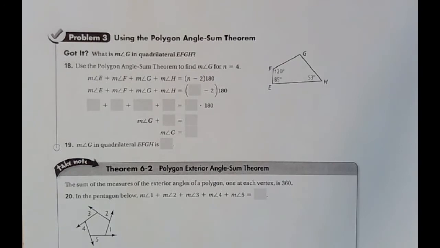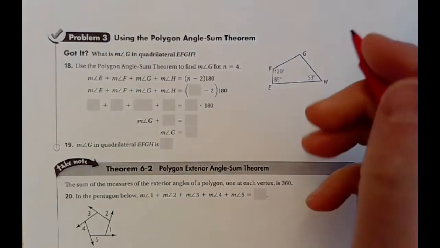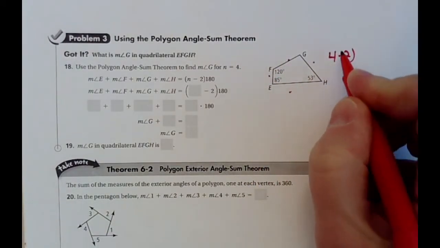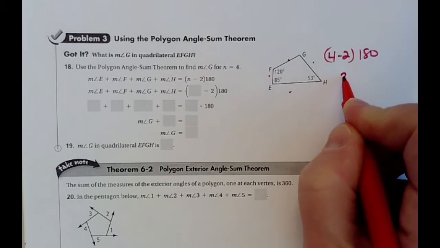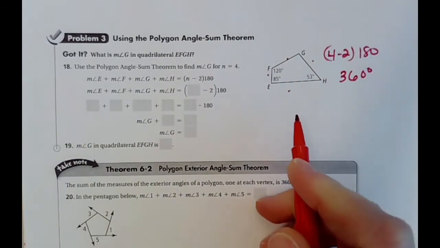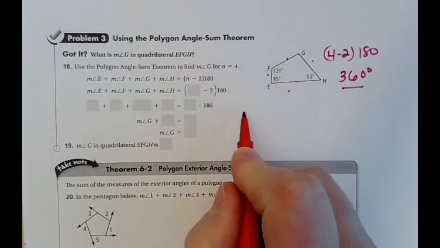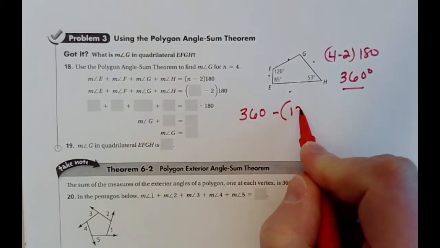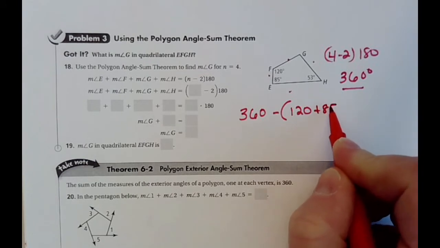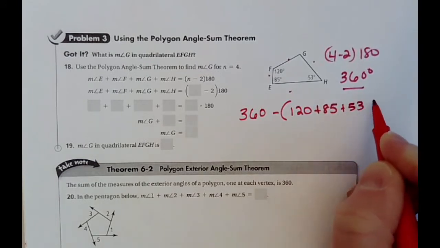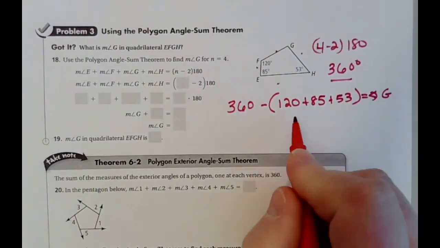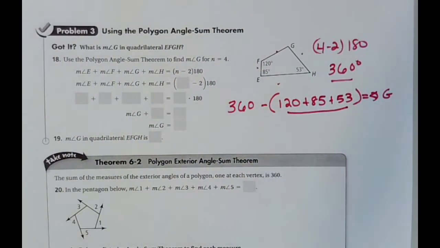This problem asks for the measure of angle G in this quadrilateral. So we know there's 4 sides. So 4 minus 2 times 180 is 360 degrees. So there's 360 degrees total. So basically I'm going to say 360 minus the sum of those three angles, and that's going to give me angle G. You want to make sure you use order of operations and add those first.